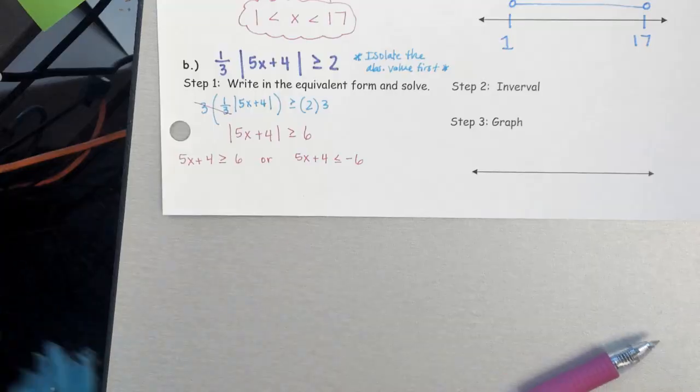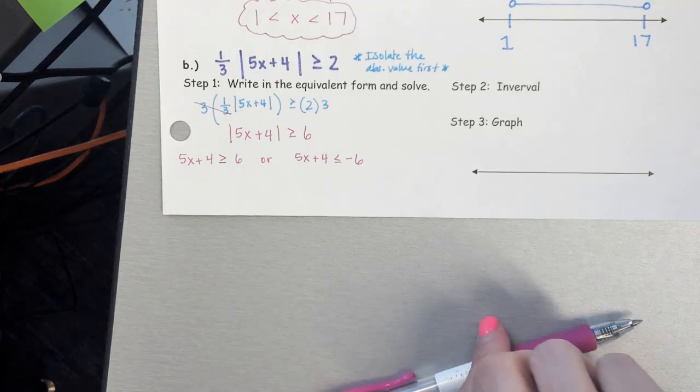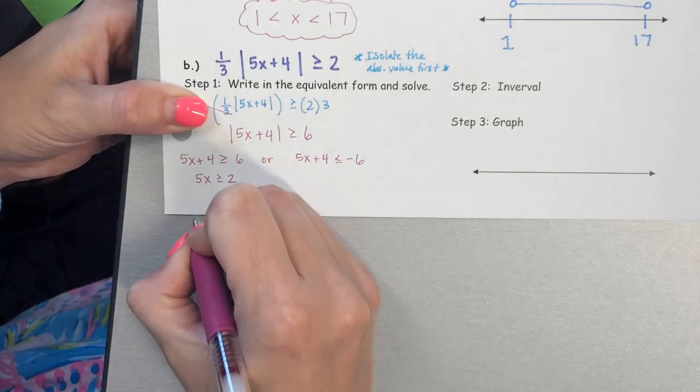Okay, so go ahead and solve those for x if you haven't already. So we're going to get x by itself. We're going to move over the 4, so we're going to subtract that from both sides to get 5x is greater than or equal to 2.